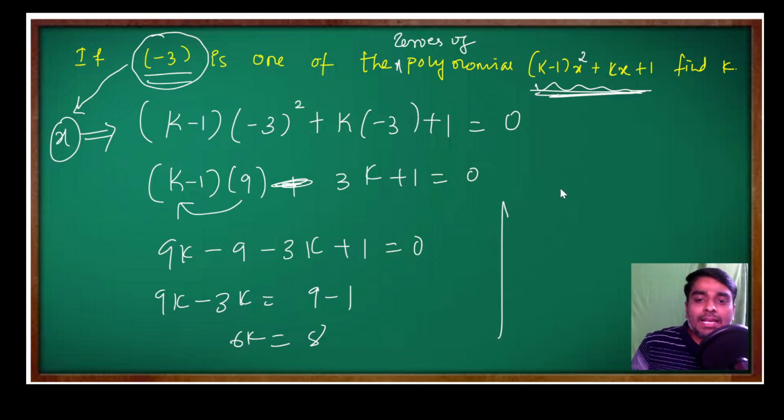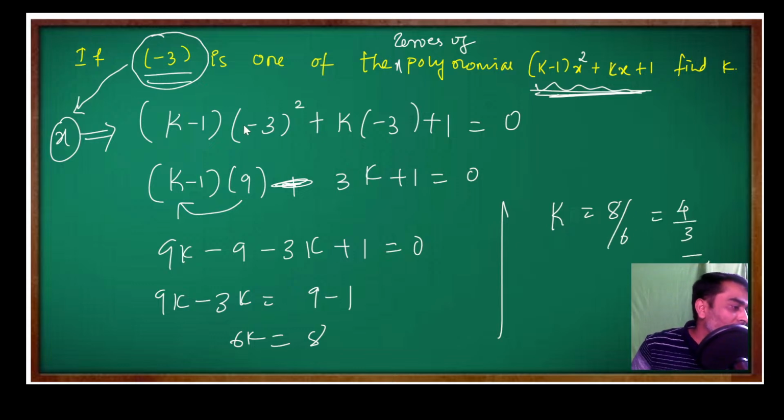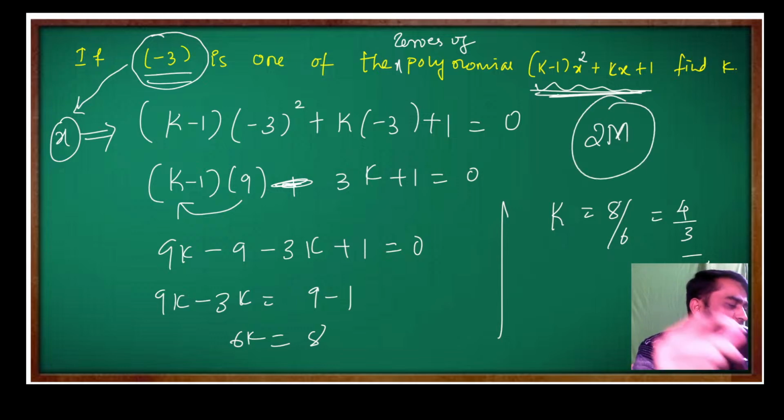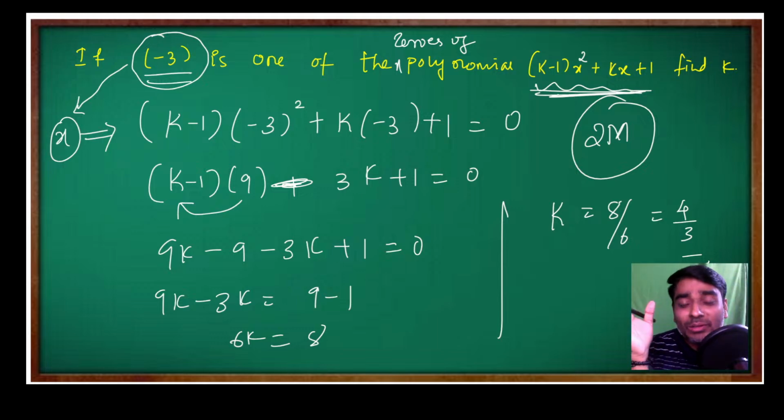What is k? 8 by 6. What is 8 by 6? 2 4s are, 2 3s are, 4 by 3 should be the answer. Very good, Nisarga. 4 by 3. See how simple, and look at the marks. It is a 2 marks question. Now tell me, why can't you score 100? So simple a question it is.